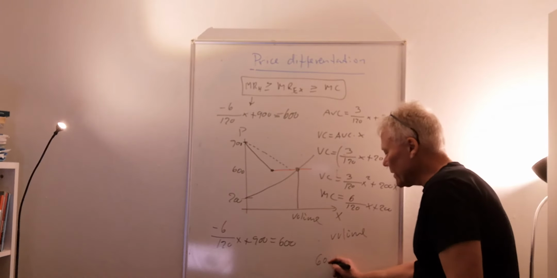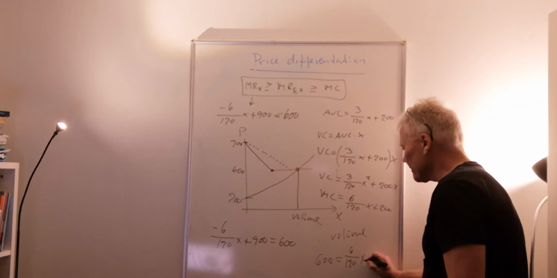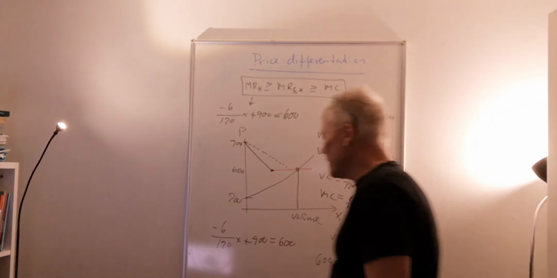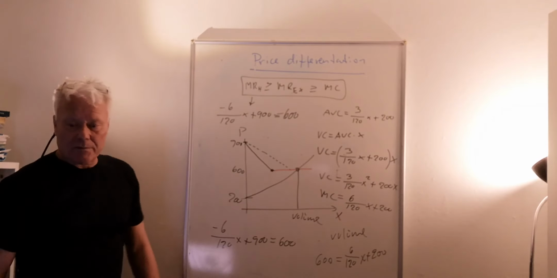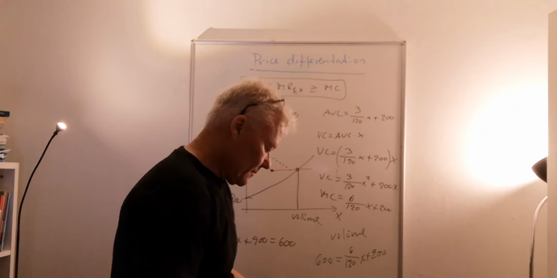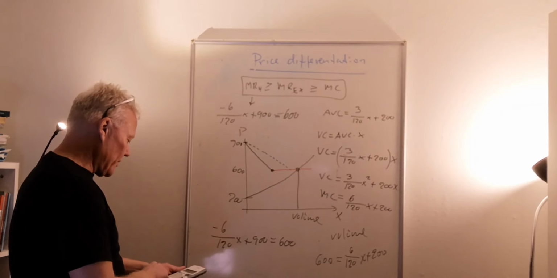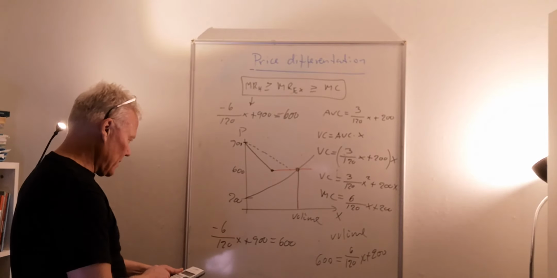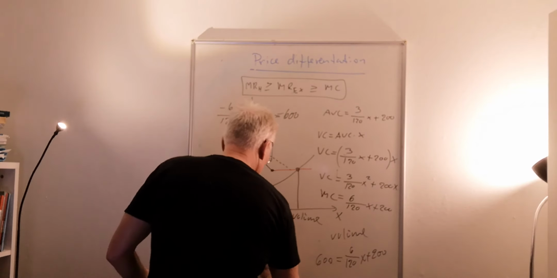So we say 600 has to be equal to 6 over 120x plus 200. We should be able to solve these. So we have 300 times 120 divided by 6. So x is 6,000.